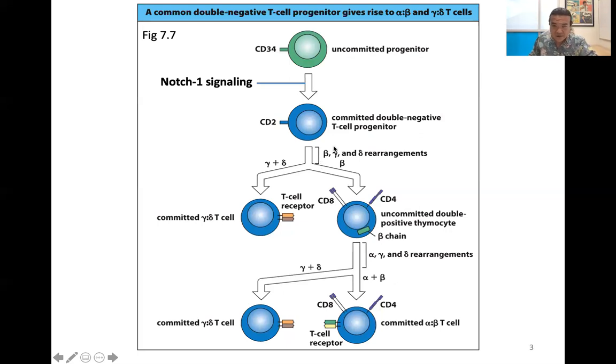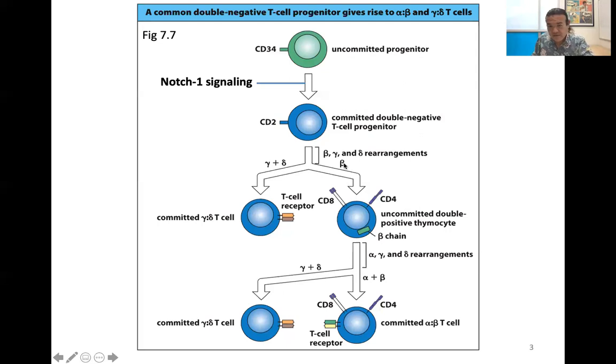They'll first try to rearrange the beta chain, the gamma chain, and the delta chain. And if the gamma and delta chains actually work and make gamma and delta chain proteins, then the T cell just becomes a gamma delta T cell, and its time in the thymus is done. It can now be released to go do its gamma delta T cell functions, which have to do more with tissue maintenance rather than looking for novel antigen signals.